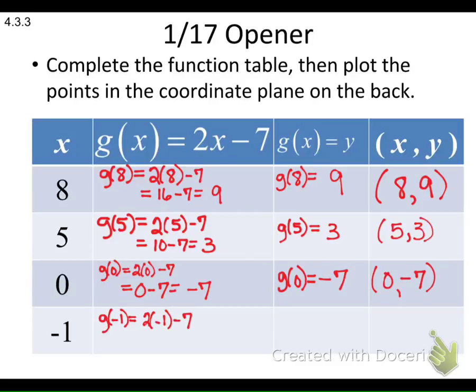All right. Continue. Which equals? All right. Then your output. Then your ordered pair, negative what? There you go. Then your ordered pairs. Good.